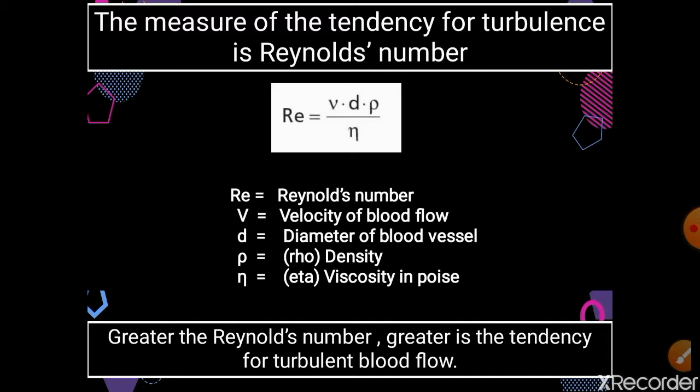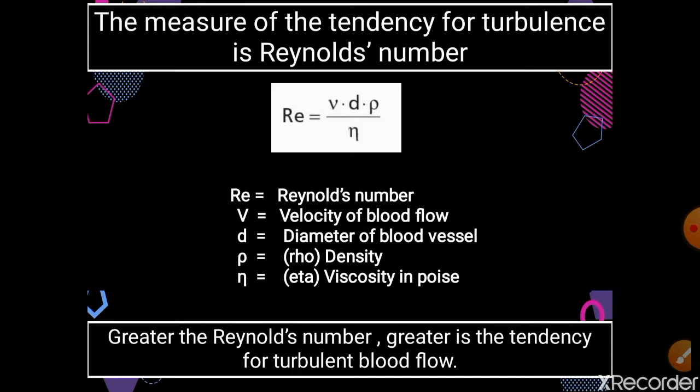Now let's see the effect of diameter on turbulence. Diameter of a blood vessel is directly proportional to turbulence. As the diameter of the blood vessel increases, the chances or tendency of turbulence increases. Again, bring to your mind a vast or a large highway.